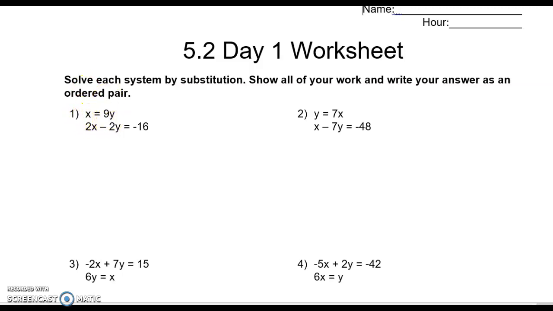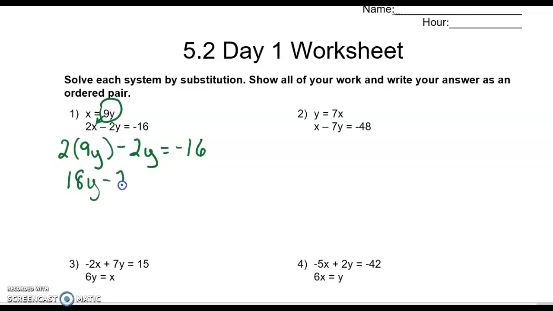So now that we know that, we can take our 9y and put it into the new equation in place of x, because that's what x equals. So we're going to rewrite this as 2 times 9y take away 2y equals negative 16. Okay, continue to simplify your equation. 18y take away 2y equals negative 16.